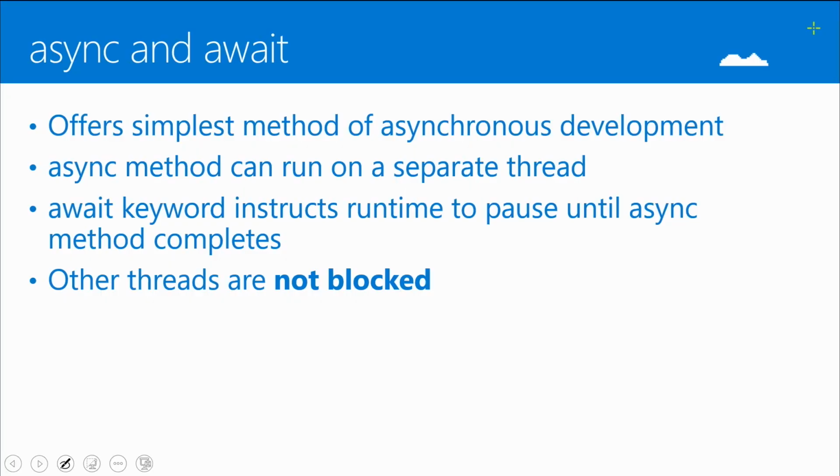Now, if we want to go one step at a higher level, we have async and await. Async and await give you the simplest mechanism for setting up asynchronous development. Async and await are built on tasks.